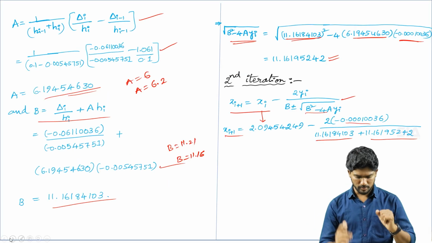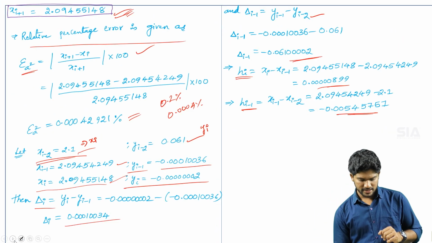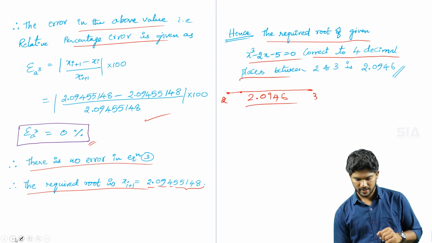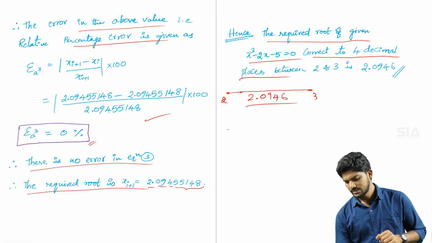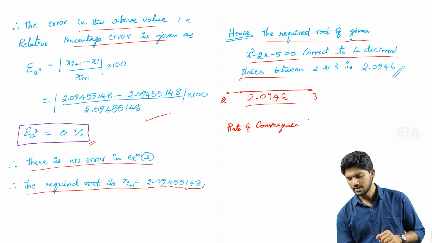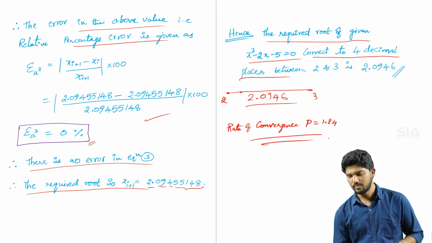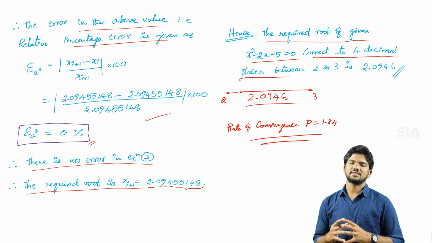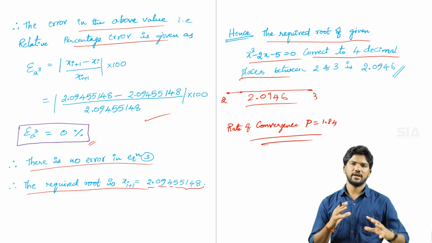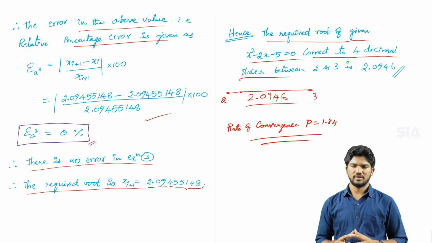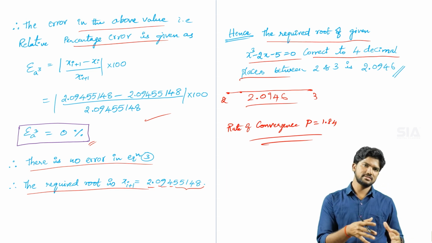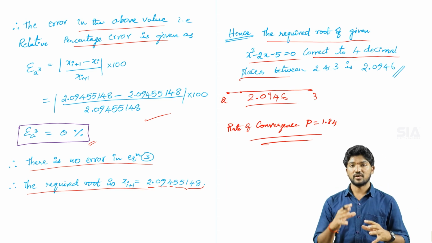And one more thing: we are discussing the rate of convergence for each and every method. So here, the rate of convergence of Muller's method is capital P is equal to 1.84. In the previous lecture we discussed that the Newton-Raphson method has quadratic convergence.